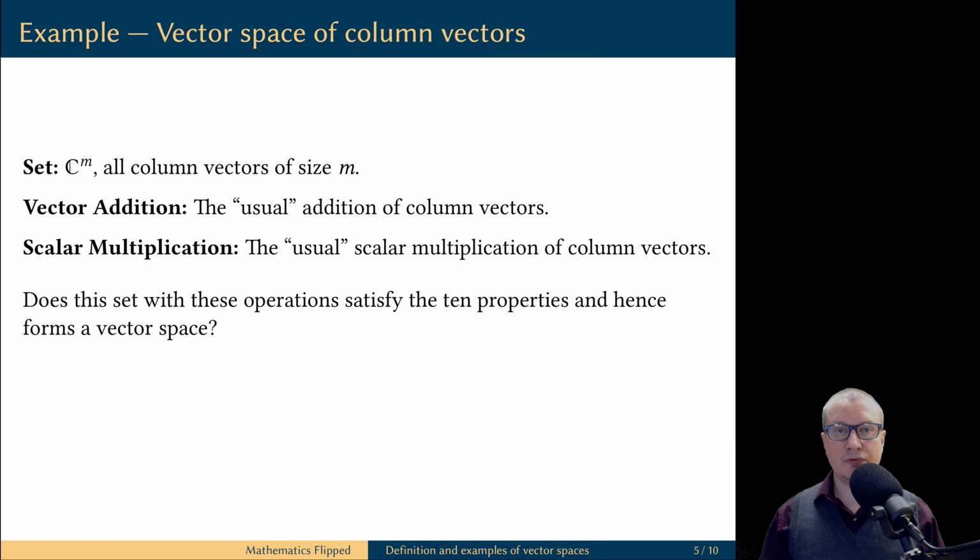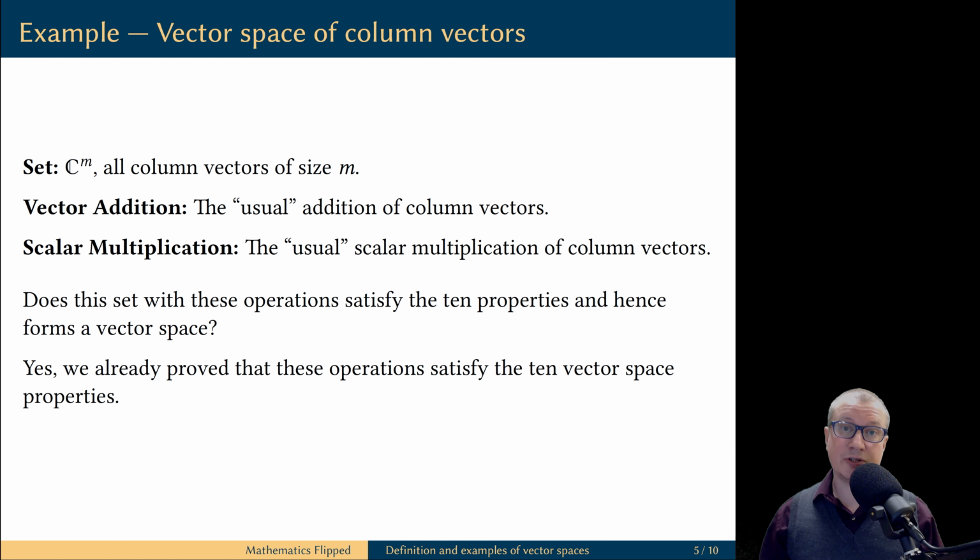Does this structure form a vector space? The answer is yes, because we already know that column vectors with respect to the given two operations do satisfy the list of these 10 properties. Therefore, column vectors of a fixed size with these two operations are an example of a vector space structure.